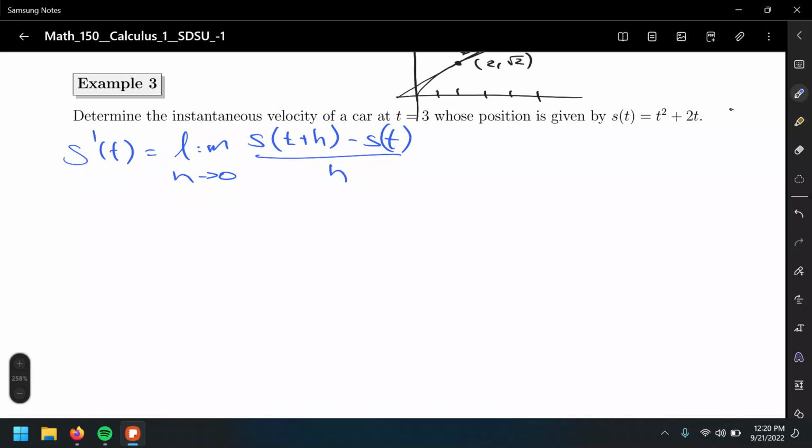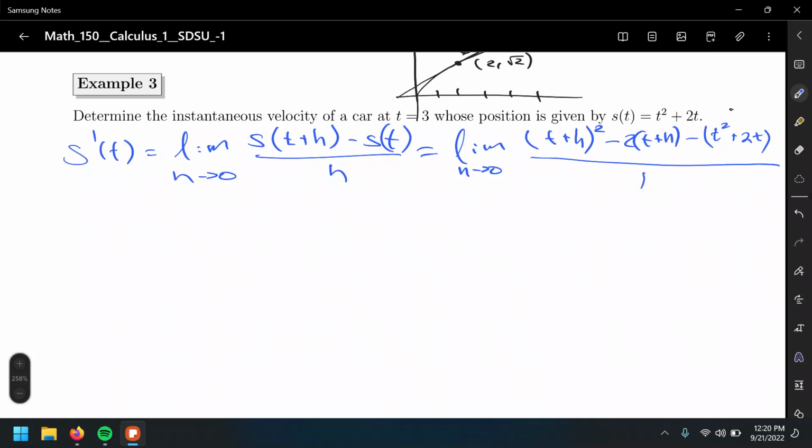Alright? So, whenever we see the letter x, we will replace it with t plus h squared plus 2 times t plus h, and then minus the original function t squared plus 2t, the whole thing divided by h.